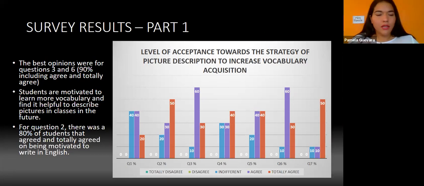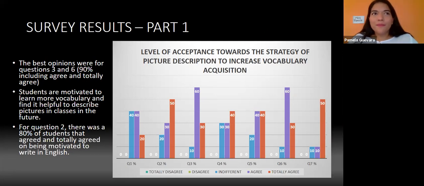One of the most important answers from students in the aspect of perspectives is that they felt that they liked picture description. They felt more motivated. They thought it was very helpful for them.